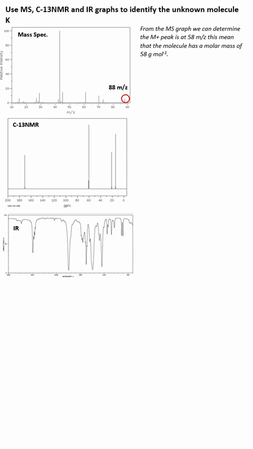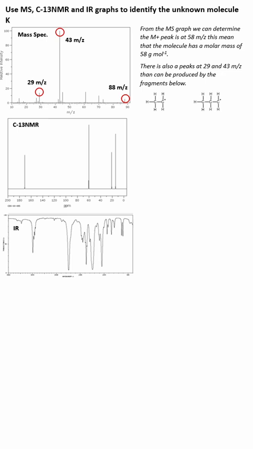The second aspect we can identify from the graph, there's actually two of them. We've got this peak here at 43, and this peak here at 29. You might recognize that fragments this size, 29 and 43, commonly can be attributed to the following fragments: this C2H5 fragment, a charged fragment that's broken off the molecule, and this C3H7 fragment.